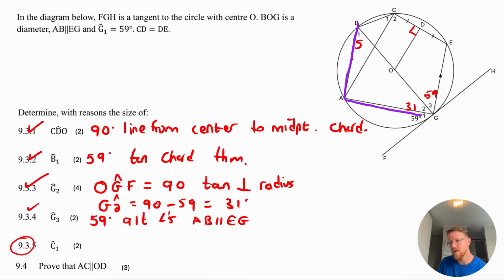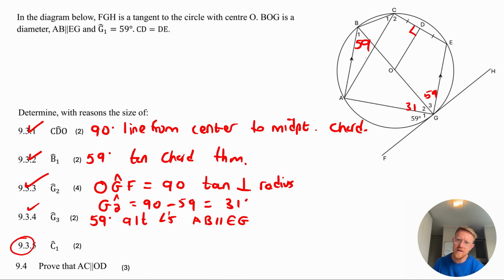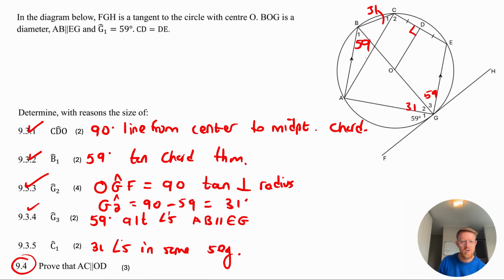So you can go this way and that way. So this was 59, and then we've just seen that this would be 31. So we can say 31, angles in same segment.